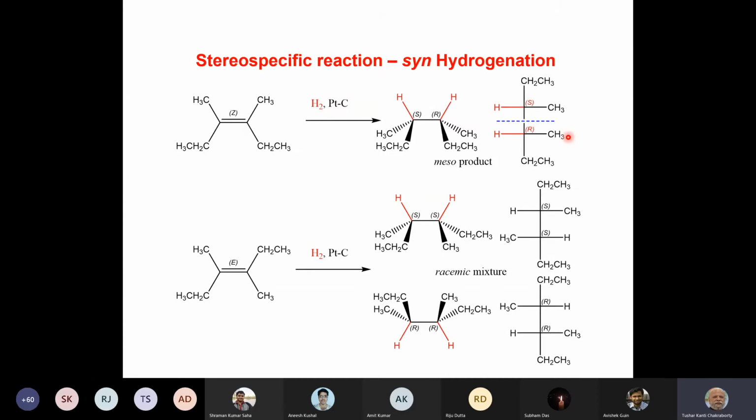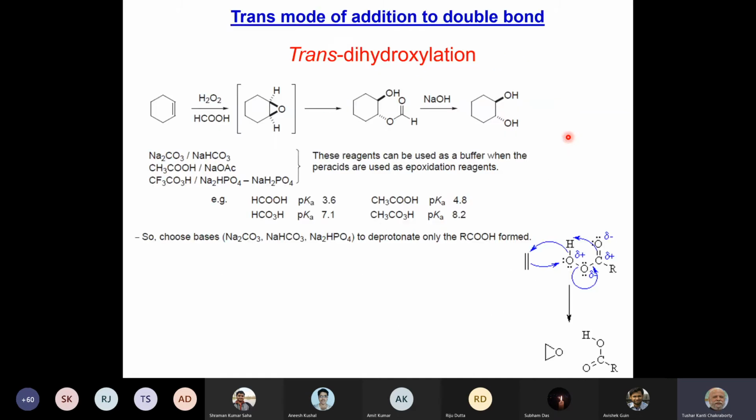We know the cis hydrogenation using a catalyst, hydrogen and palladium charcoal or platinum charcoal, and then we talked about trans hydroxylation, again stereo-specific, and these are all diastereo-specific reactions, not enantiospecific, because in the starting material or any of the reagents, there is no chirality. So the relative stereochemistry of these two is fixed by the mechanism of the reaction.